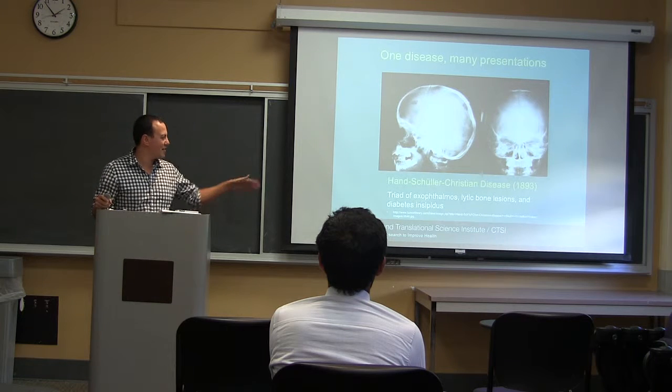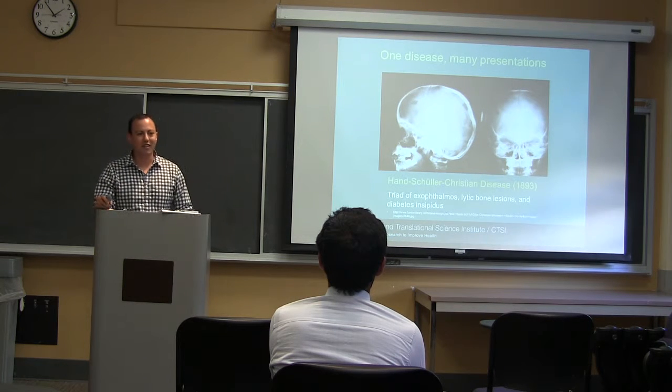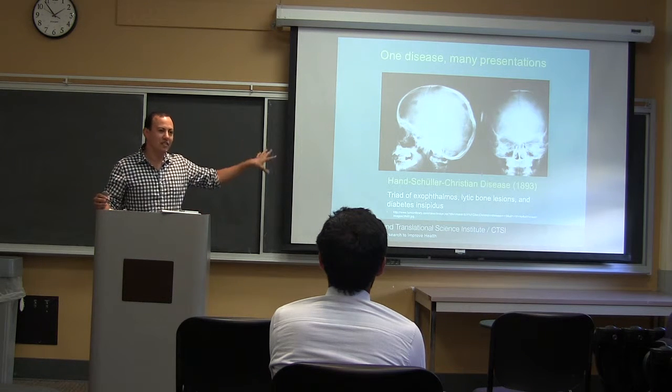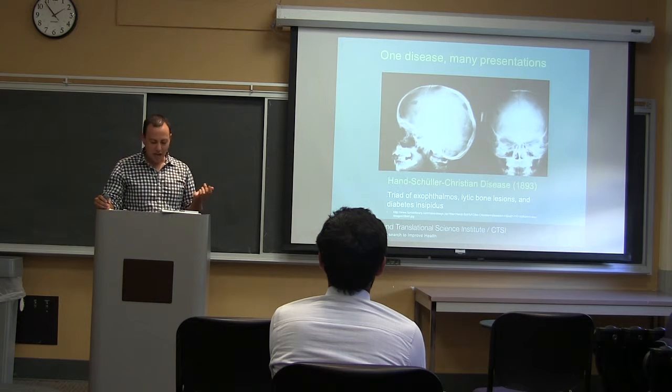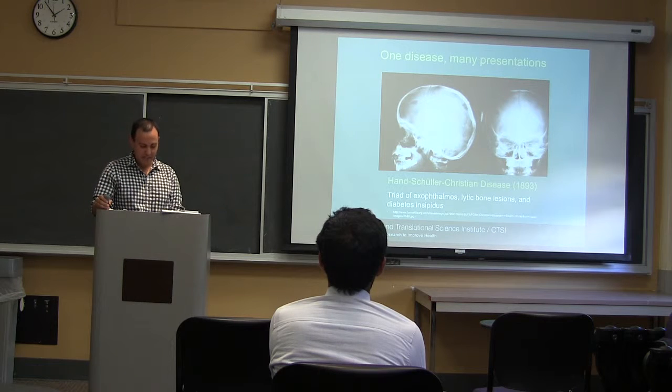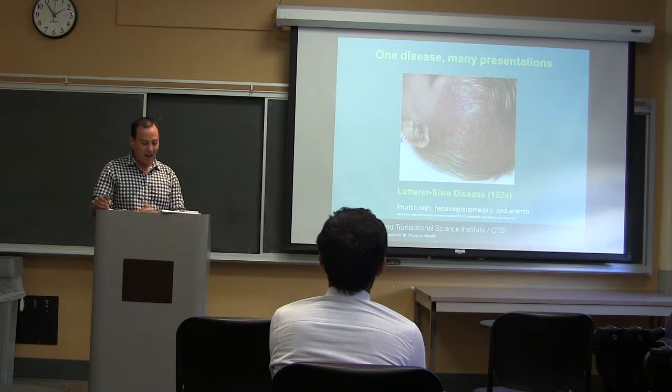These three different physicians were all writing about case series of pediatric patients who came in with a triad of exophthalmos and lytic bone lesions, usually in the skull, as well as diabetes insipidus. And so in the late 1800s, the disease got this name.